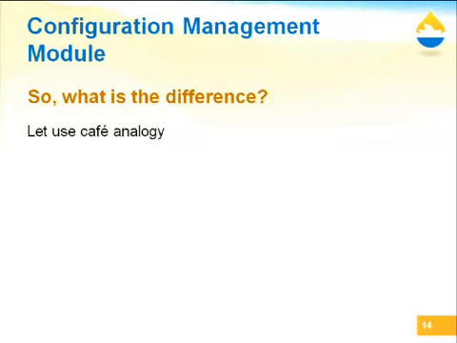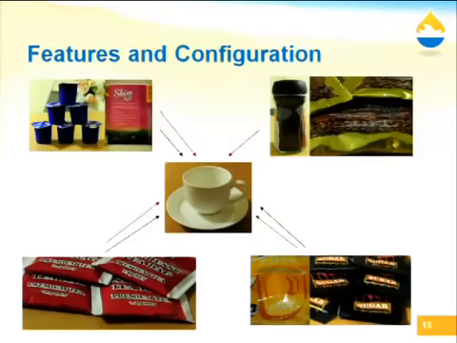Let's use a cafe analogy. Let's say we want to make a cafe. In a cafe, we will have a lot of menu items, like tea or coffee. Let's use coffee and tea, because you guys like coffee, I don't like coffee, I like tea.